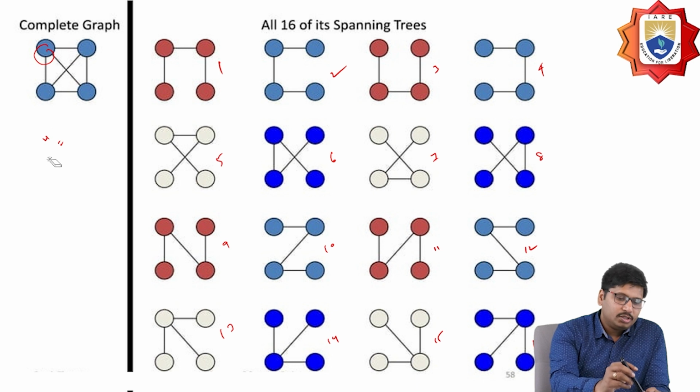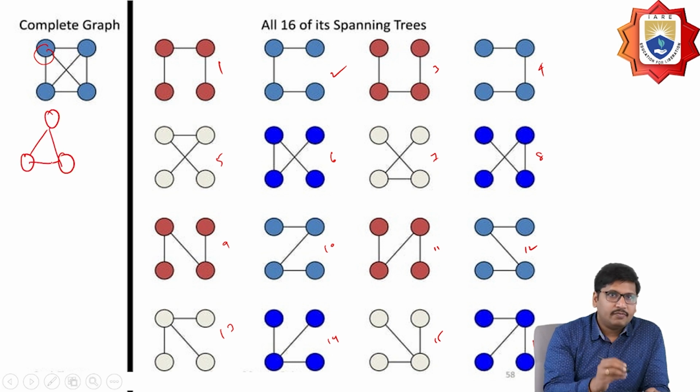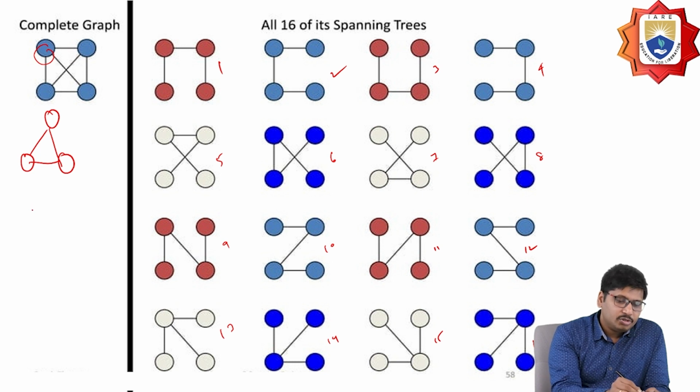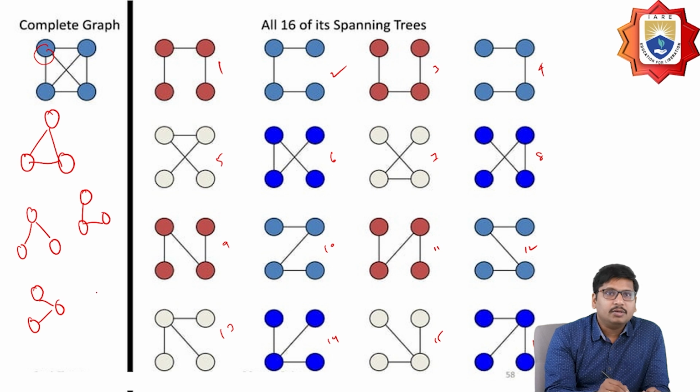Suppose I consider another graph. This is the graph I'm drawing. What are the possibilities I'm going to get here? This is one possibility, this is another possibility, and this is another possibility.